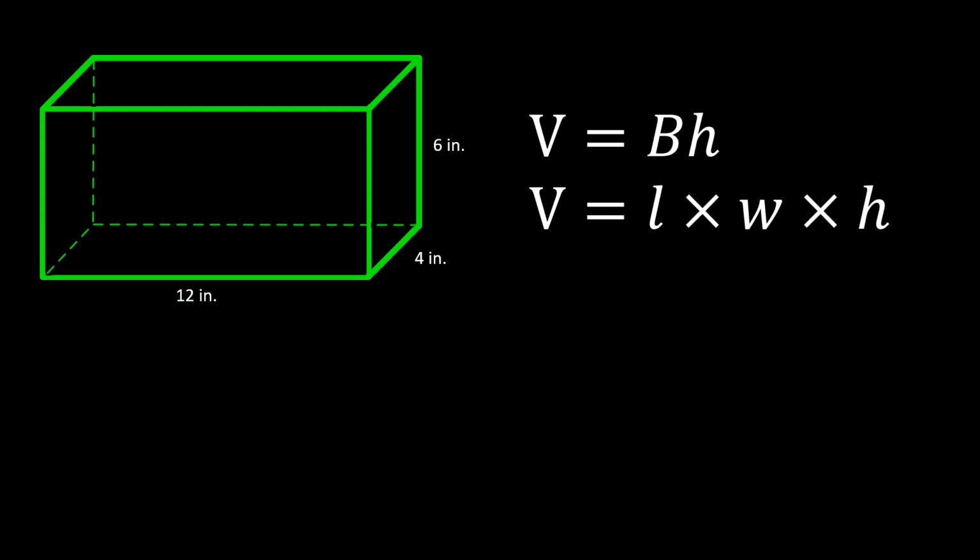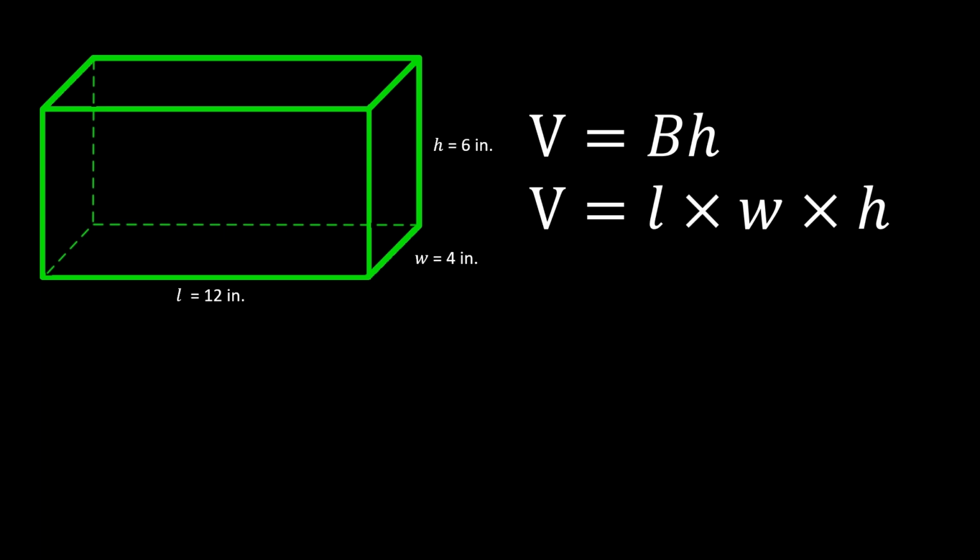So we'll need to calculate that by using length times width. So looking at our picture, we have 12 inches as our length, and I recommend that you label in the diagram your length and your width and your height. So our 4 inches is our width and 6 inches is our height.